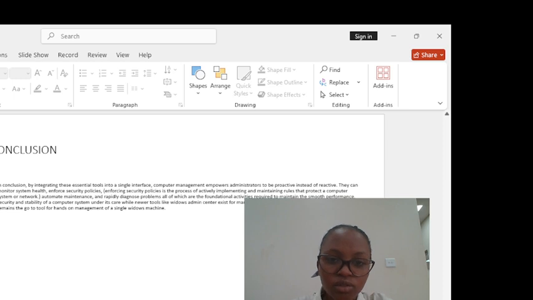Enforcing security policies means the process of actively implementing and maintaining rules that protect the computer system or the internet. We can also automate maintenance and rapidly diagnose problems, all of which are fundamental activities required to maintain the smooth performance, security, and stability of a computer system in order for it to work well.